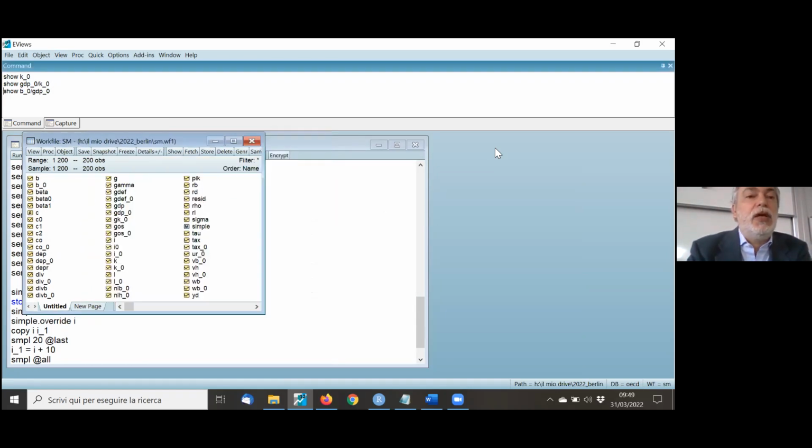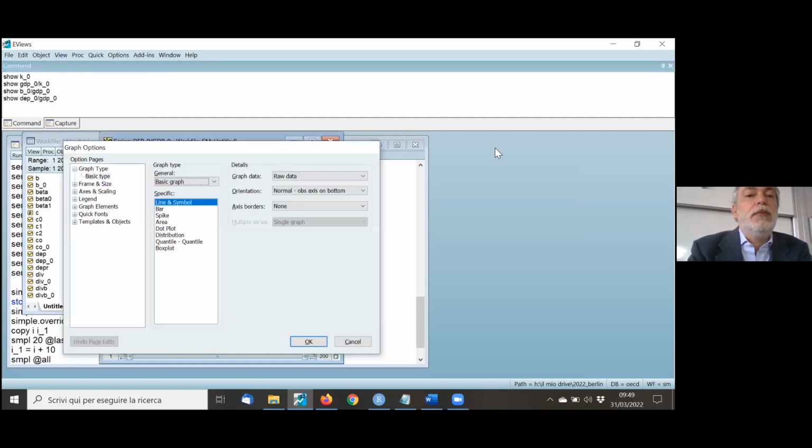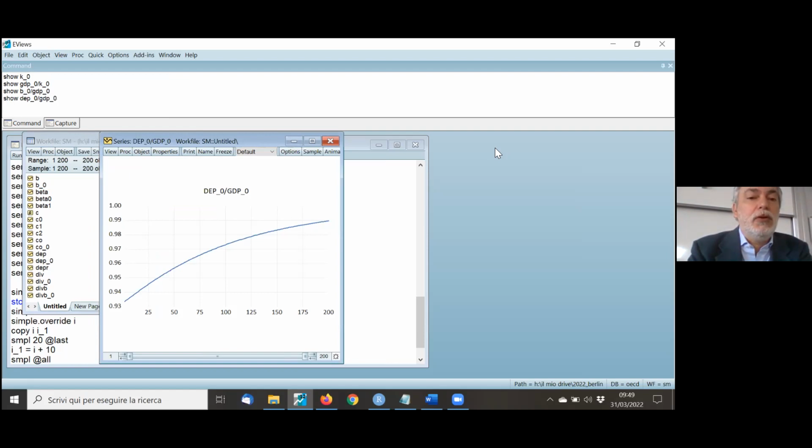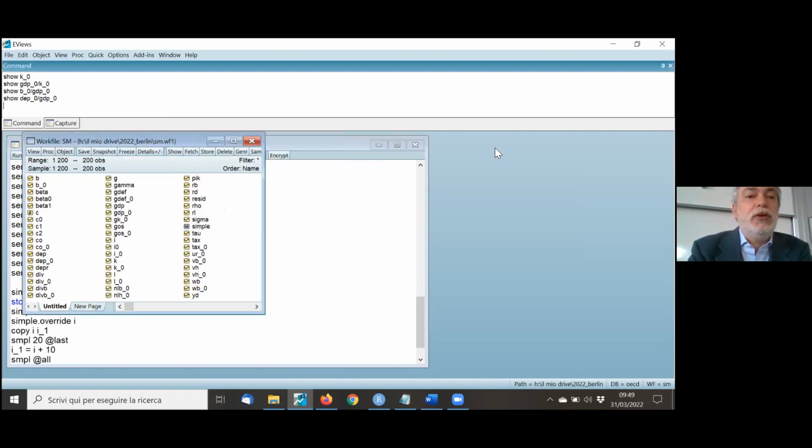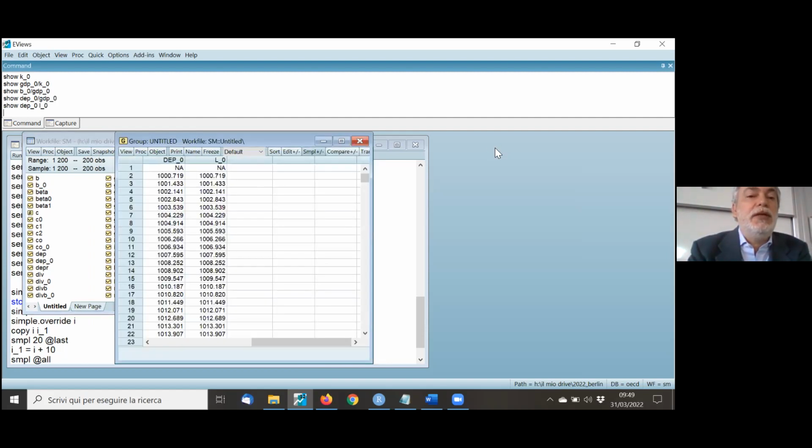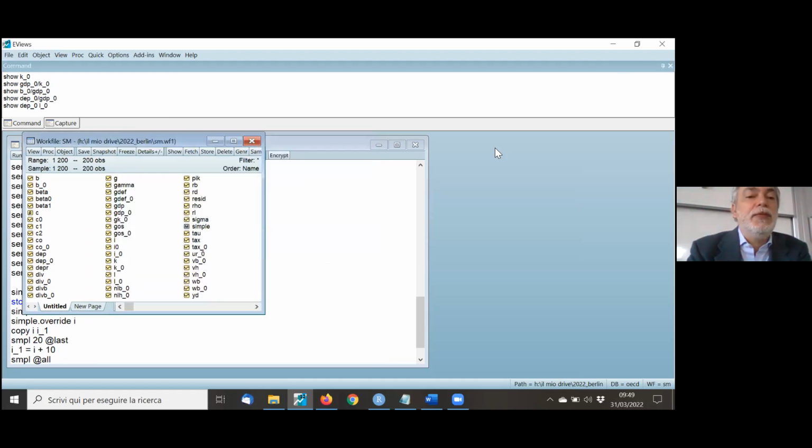And what else did we have? We had the deposits. So this also looks okay, and we wanted deposits to be equal to loans. And the hidden equation is also okay, it's respected. So the model looks consistent.